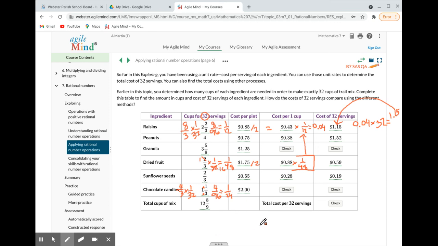All right, so with that being said, what's 2 divided by 2? 1. Good. Now what we're going to do is we're going to get 1/24 of 1. So $1 divided by 24 is what?